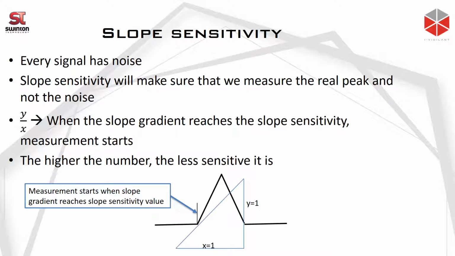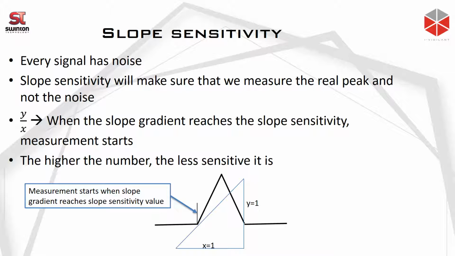Slope sensitivity. Basically, every signal will have noise. When we have a slope sensitivity setting in the GC, it will make sure that the real peak is measured and not the noise. So what happens here is that when the slope gradient reaches the slope sensitivity, the GC decides to start the measurement, and it looks like a line that goes up rather than down the baseline.